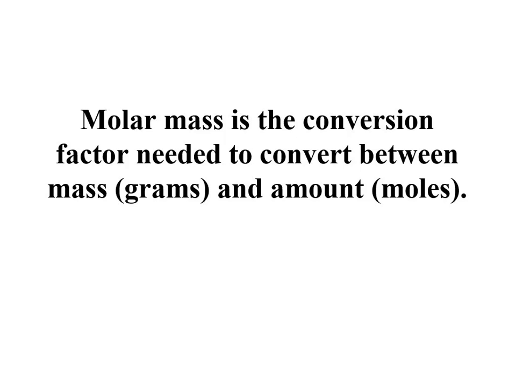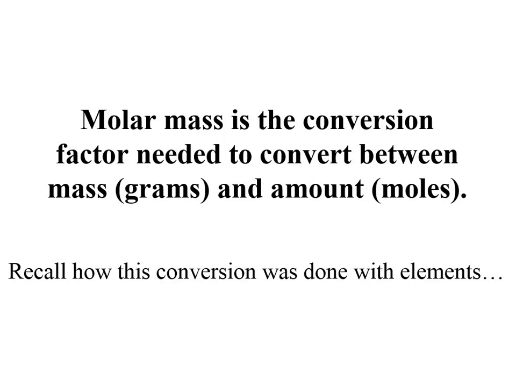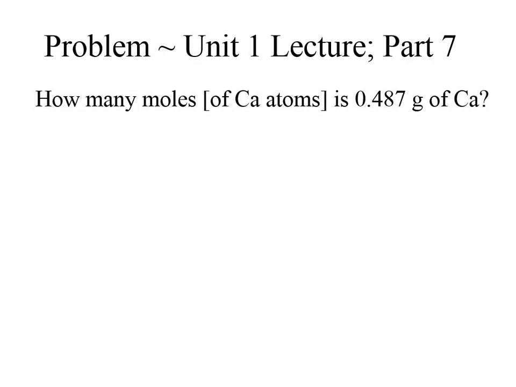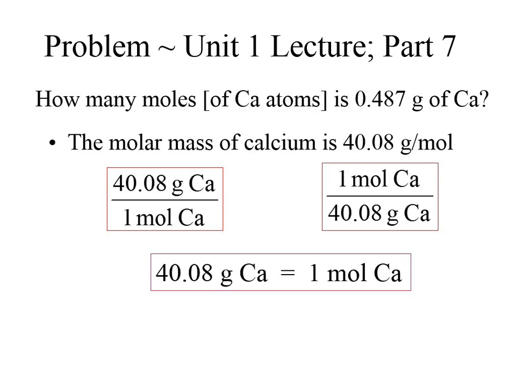All right, let's do a problem. Actually, I don't think you have this slide. This is something we covered last Wednesday, where you were converting grams of calcium into moles of calcium. We got the decimal number for calcium, it's 40.08. For calcium, there's 40.08 grams of calcium in 1 mole of calcium, or 1 mole of calcium per 40.08 grams of calcium.